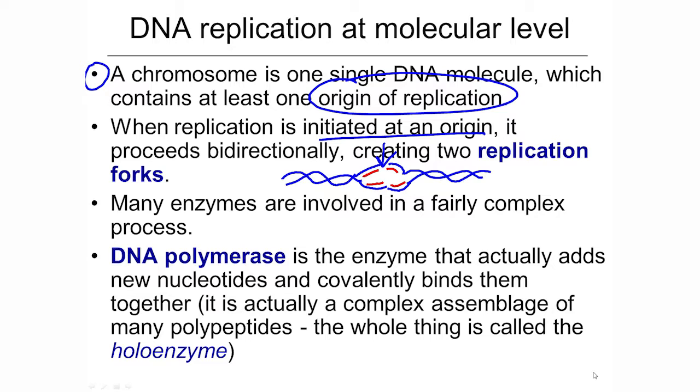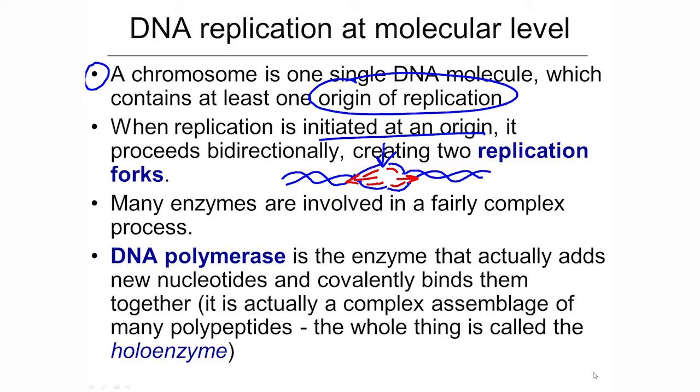And the replication fork is right here. They're proceeding outward in each direction from the origin of replication, so that we're going to see later what the consequences might be, depending if the DNA molecule is circular or linear.